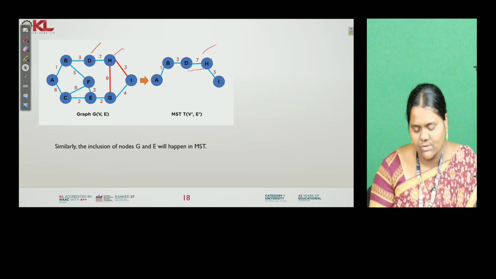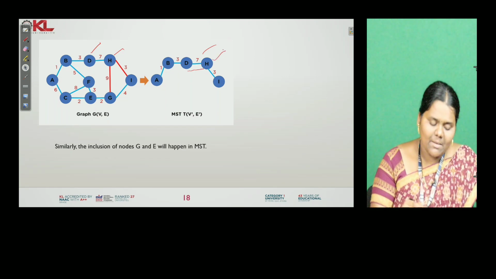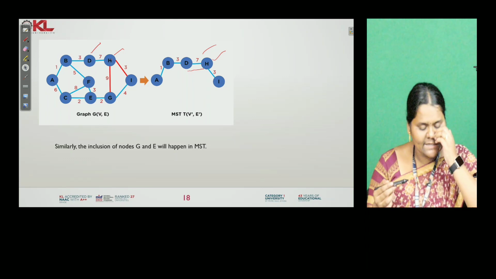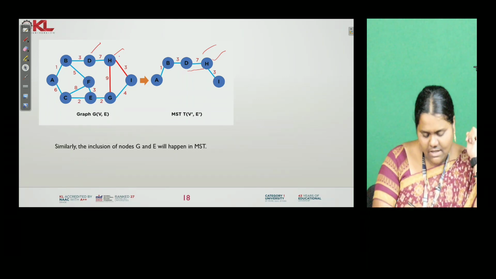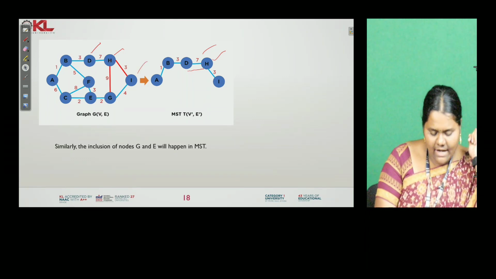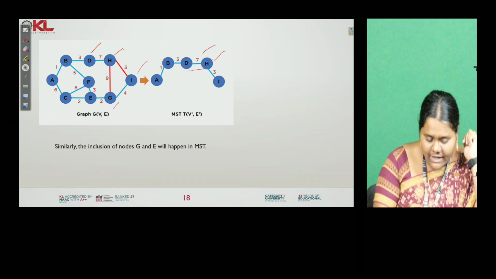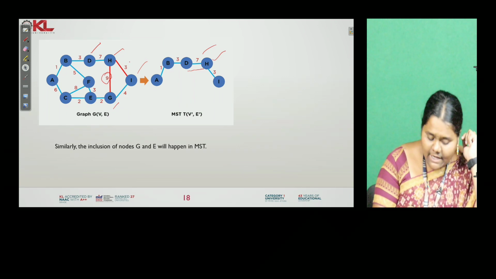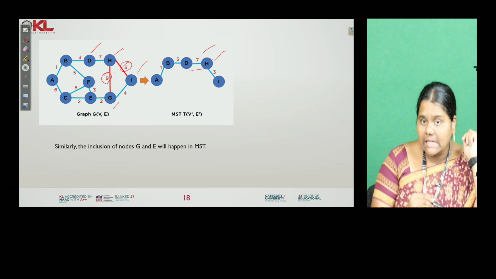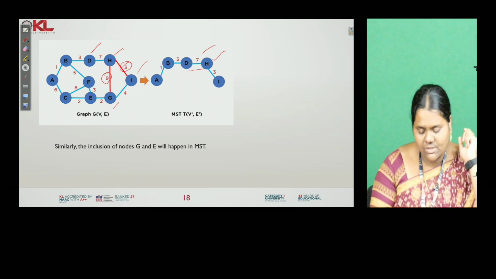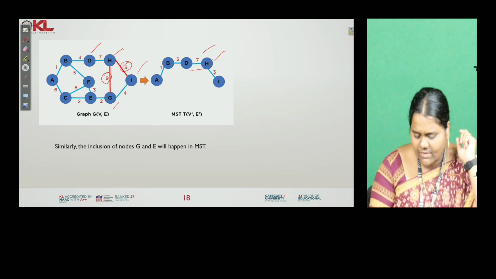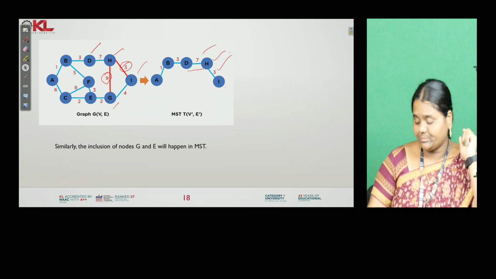Now a new vertex is formed, that is H. From H, what are the different adjacent edges? H to I and H to G. But here the values are 9 and 3. So what is the minimum value? 3. So that's why we are taking H to I, that is weight 3.